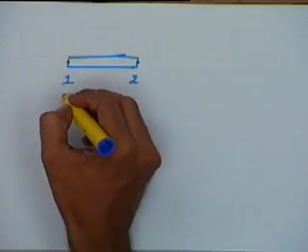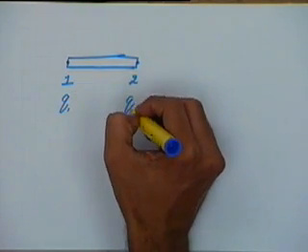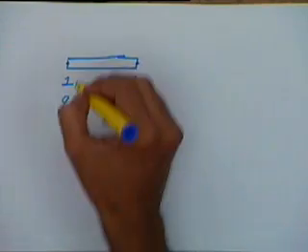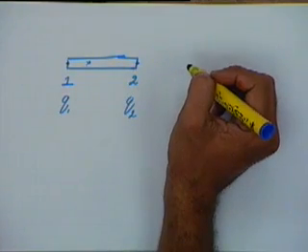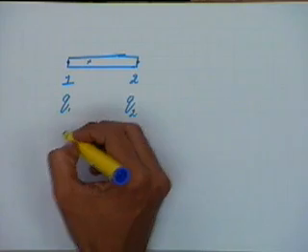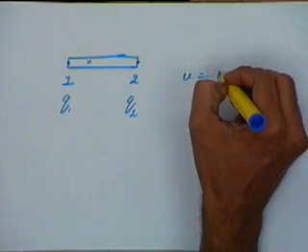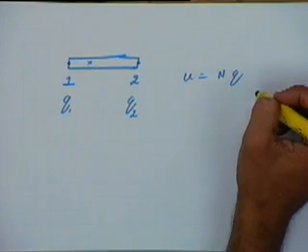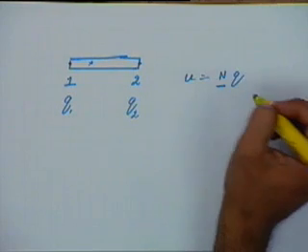If we specify the displacements at these two, q1 and q2, we will find the displacement at any arbitrary point by taking two shape functions N1 and N2. We say u will be equal to N times q, where N1 and N2 are the two shape functions.